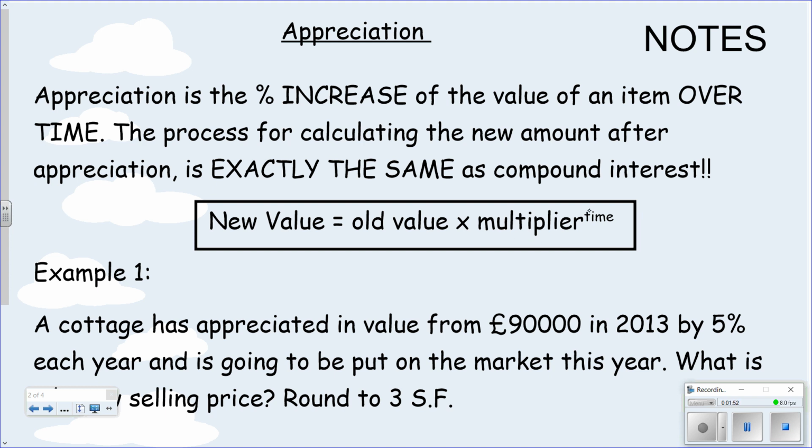We took that to the power of the time. So it's very, very similar here. These examples are to do with taking an old value and working out a new value to do with a percentage increase over time. So let's have a look at an example.